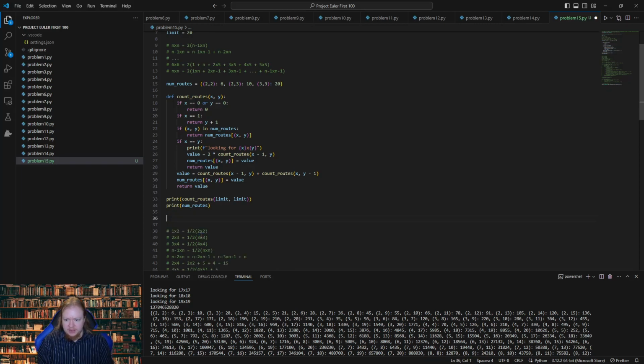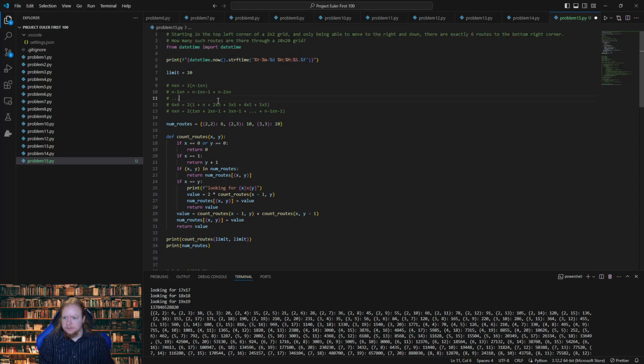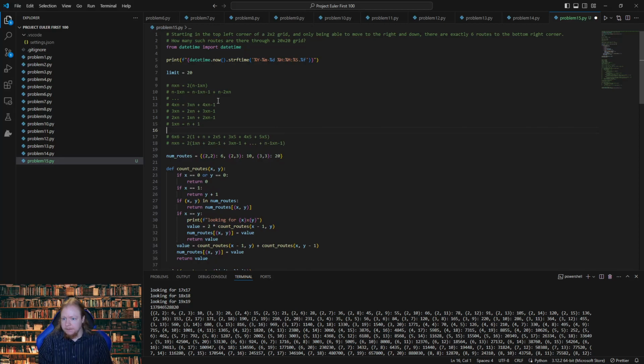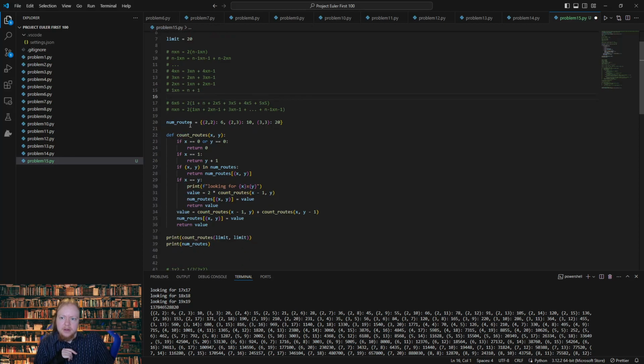Let's grab all of these, so we can kind of see how it's like n plus 1. And then adding in that cache really made it so that we actually started getting answers instead of looking up the same thing repeatedly.